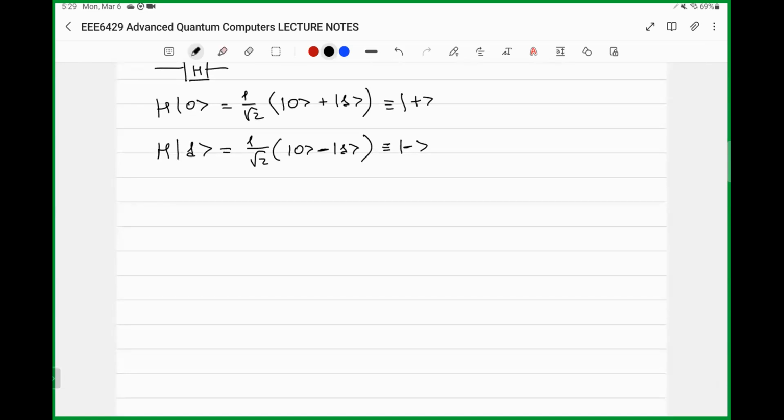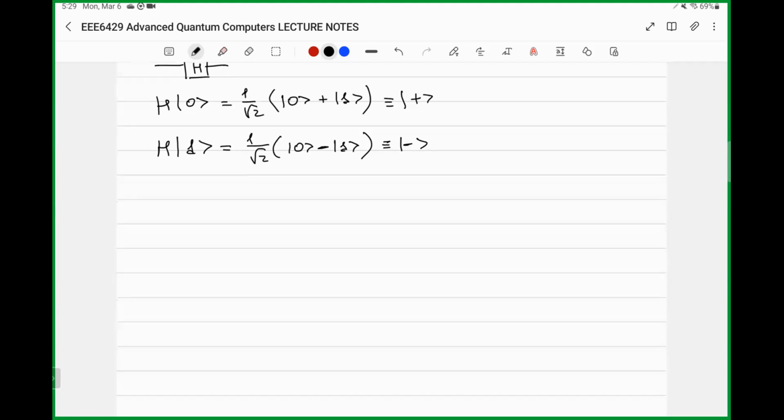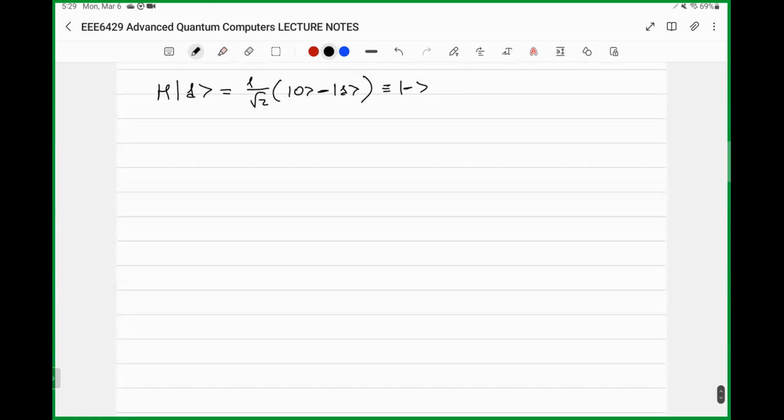So Hadamard gate times 0 state creates plus. Hadamard gate applied to the state 1 creates state minus, with minus in the parentheses. So Hadamard gate creates the superposition, and that's important.